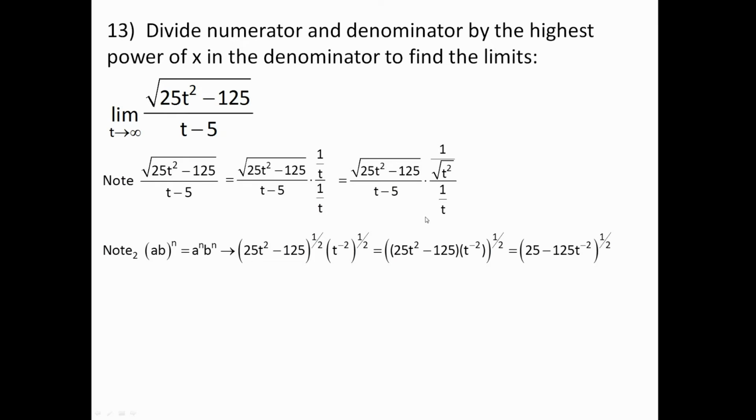But the thing to note is, I just wanted to put the details here so you can see how this goes into the radical. We're using this property: a product to a power is each factor raised to that power. So this term, 1 over the square root of t squared, you can think of as t to the negative 2 raised to the 1/2 power.